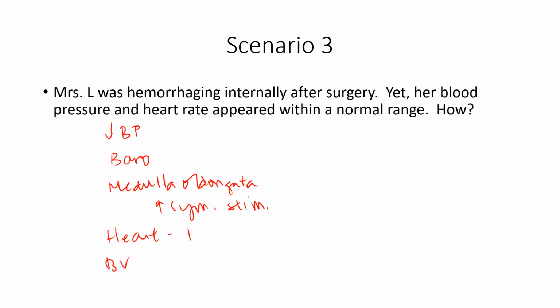So heart rate will increase thanks to increased epinephrine and norepinephrine. And what happens to the diameter of blood vessels? Vessels constrict. And in doing so, we're going to end up increasing the blood pressure in arteries and arterioles. And that's how blood pressure and heart rate appear within a normal range.